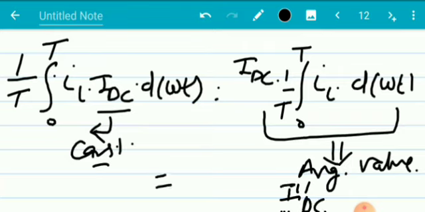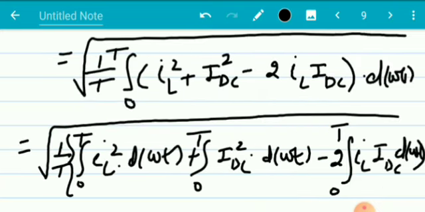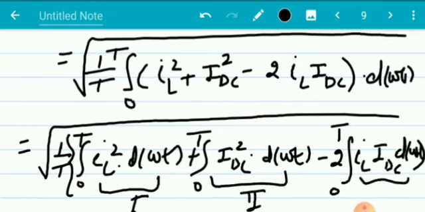So it will be equal to IDC square. Now we have solved all three integrations. I will show you again. This is our first integration, this is our second integration, and this is our third integration. We have solved all of them one by one, and now we'll put in their values directly.